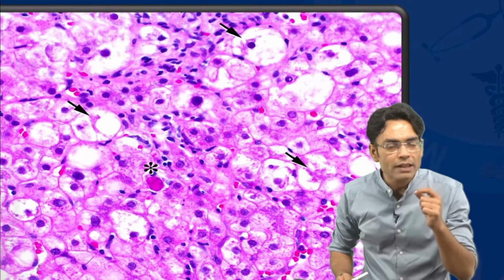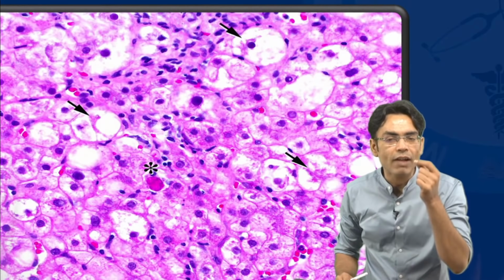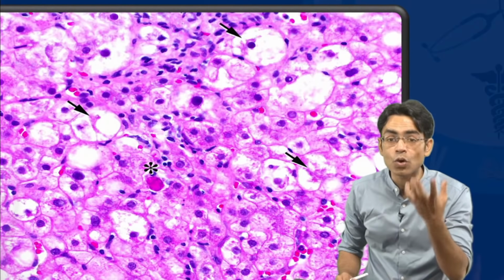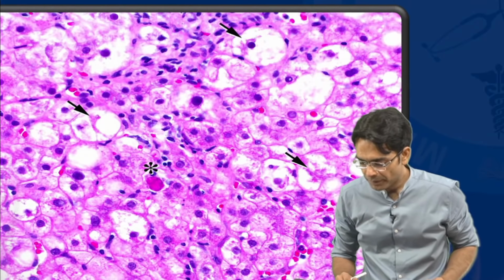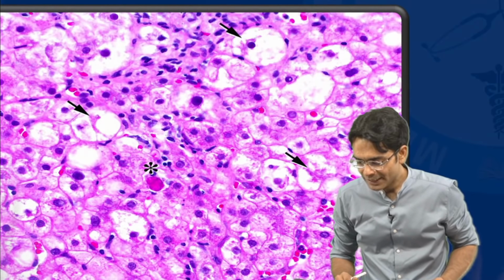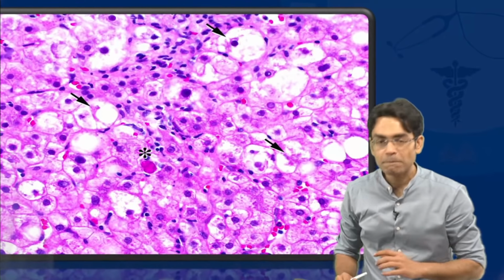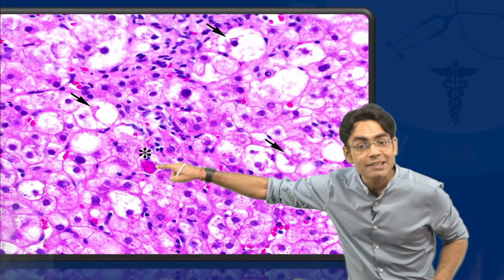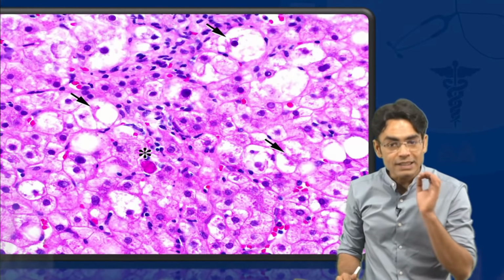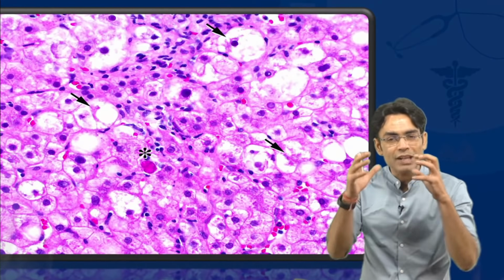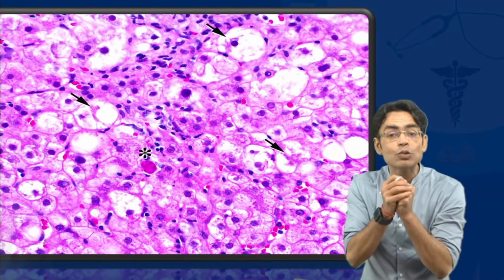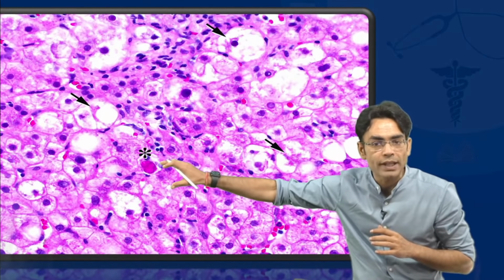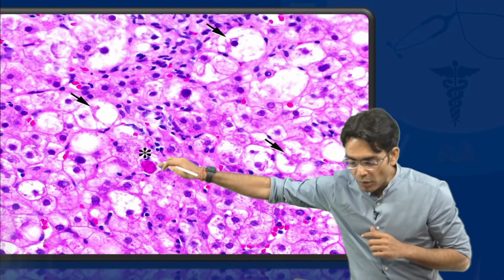So what is one of the most characteristic findings of alcoholic hepatitis on biopsy? ठीक है बेटा देखो, this with this star is your Councilman body. This is your Councilman body when the hepatocyte has become small and eosinophilic. Apoptosis हो गई है ये. So this is your Councilman body.